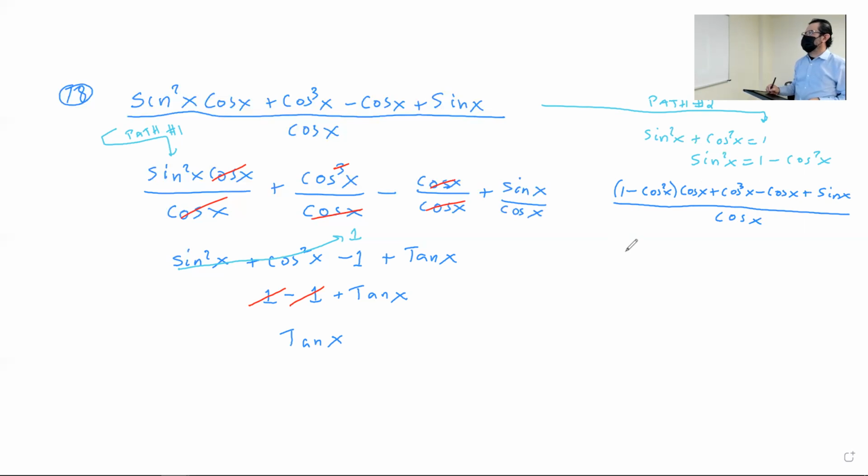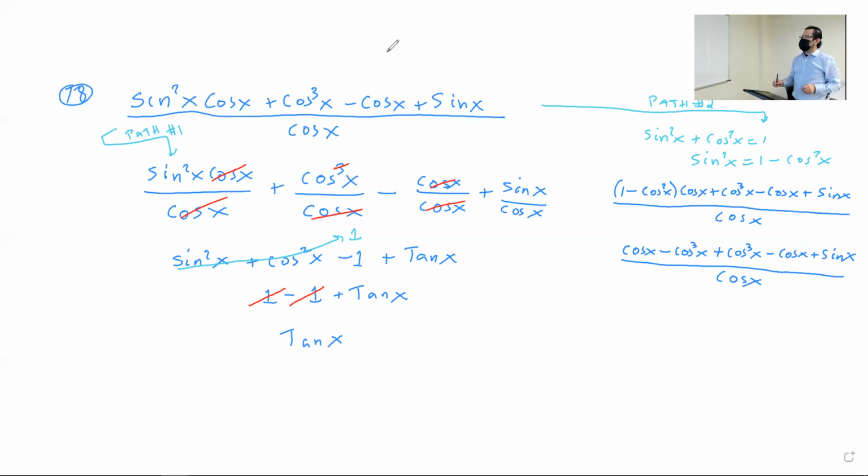If I multiply here, I'm going to get cosine of x minus cosine to the 3 of x plus cosine to the 3 of x minus cosine of x plus sine of x. And everything is divided by cosine.